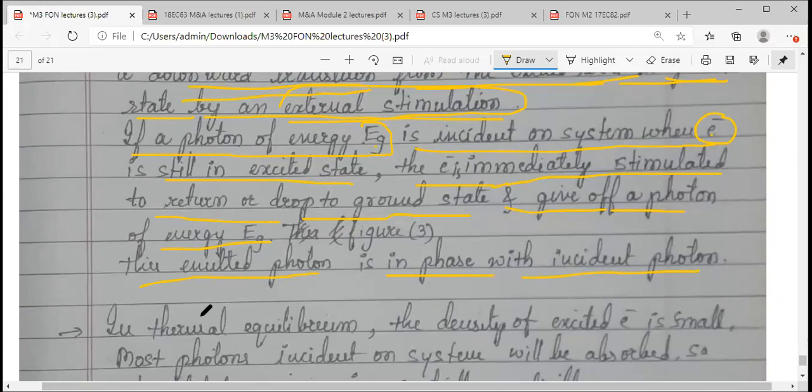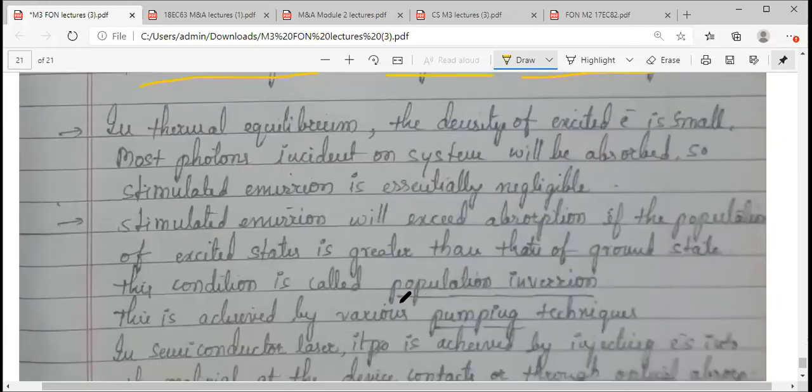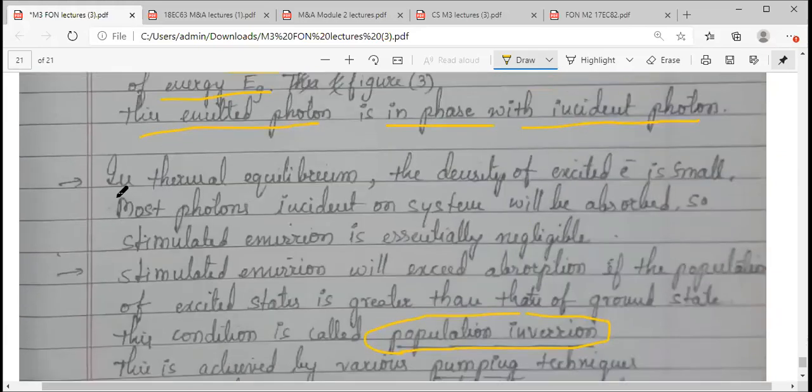Okay. Now, hopefully you know about a very popular term, population inversion. Maybe while dealing with your lasers concept, you might have studied about it. So let me just recall it for you. In thermal equilibrium, in nature, the density of excited electrons is small, obviously, because when you take E1 and E2, E1 is the lower ground energy and E2 is the higher energy.